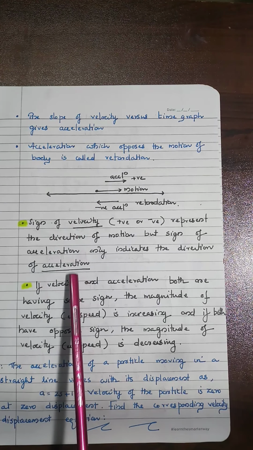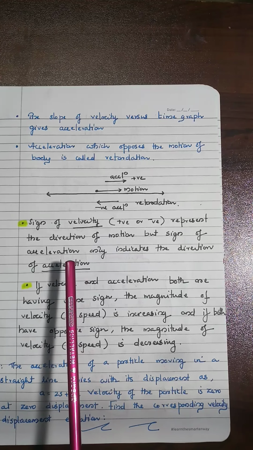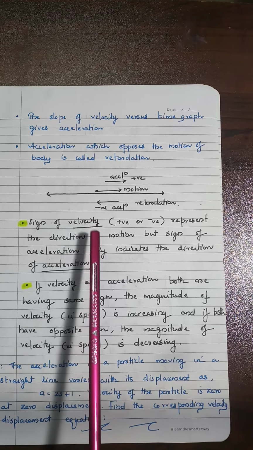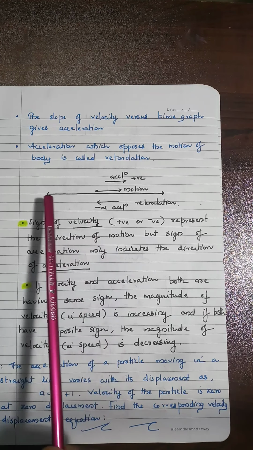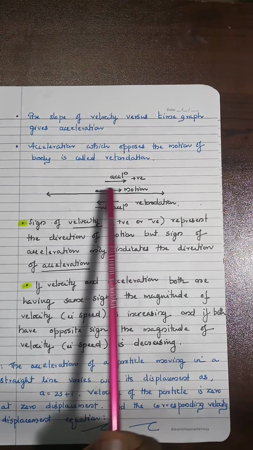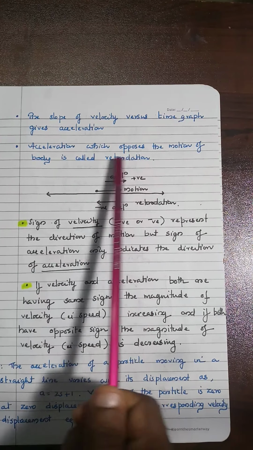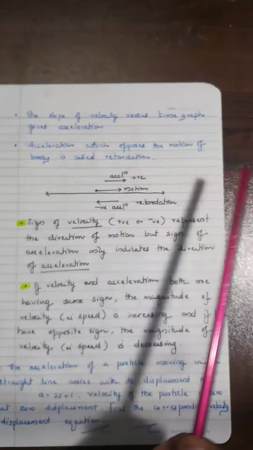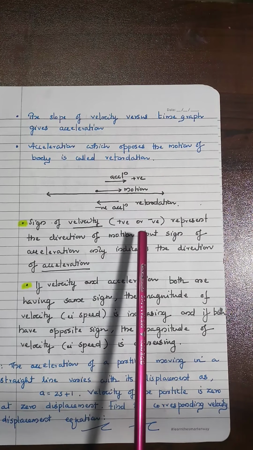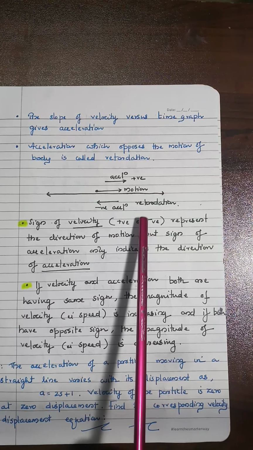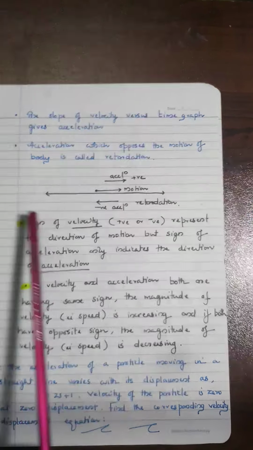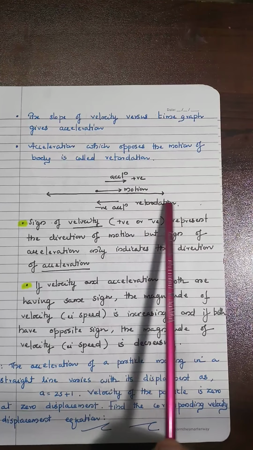The coming important points will give a very good idea of the difference between acceleration and retardation. Look at the figure here. The motion of the body is along the positive x direction. If the acceleration is along the positive x direction, it is acceleration, but if the acceleration is opposite to the movement, then we call it retardation.